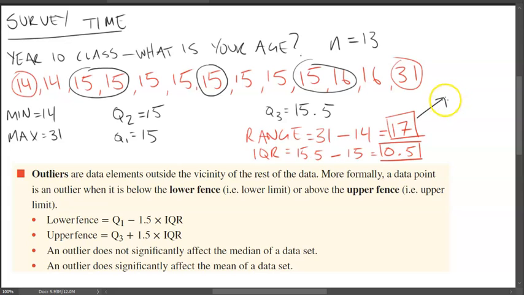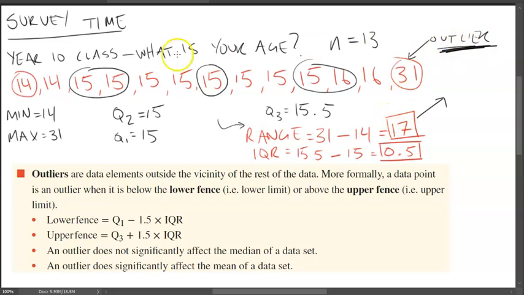But that seems a bit far-fetched considering that almost 99% of the data lies between 14 and 16. So this range, while valuable and useful, is not really a true depiction of the range of all the students within this class. This here is definitely an outlier. We can visibly see this.